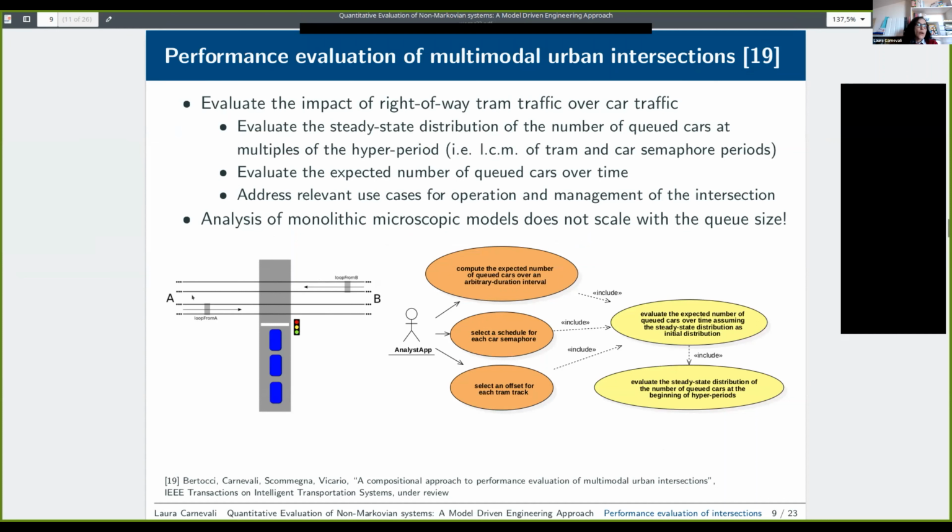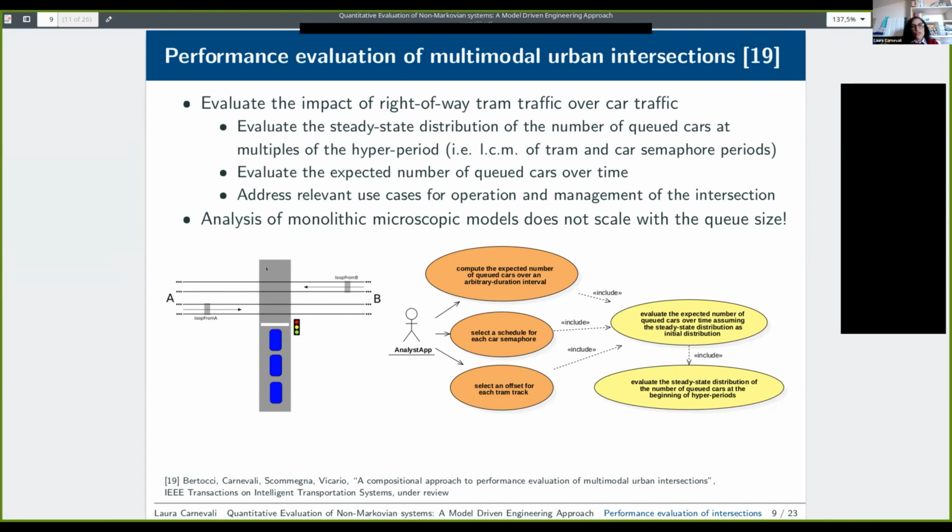So in this example here, we have a bidirectional tram line, so a tram line made of 2 tracks, and a single-lane car flow, but we could have multiple tram tracks and multiple car flows. So in this case here, what we have is a periodic phenomenon represented by tram traffic, which affects the process of car arrivals and crossing at the intersection.